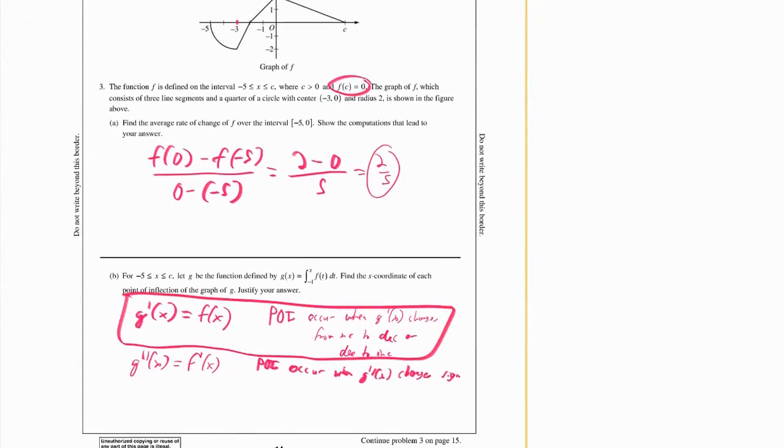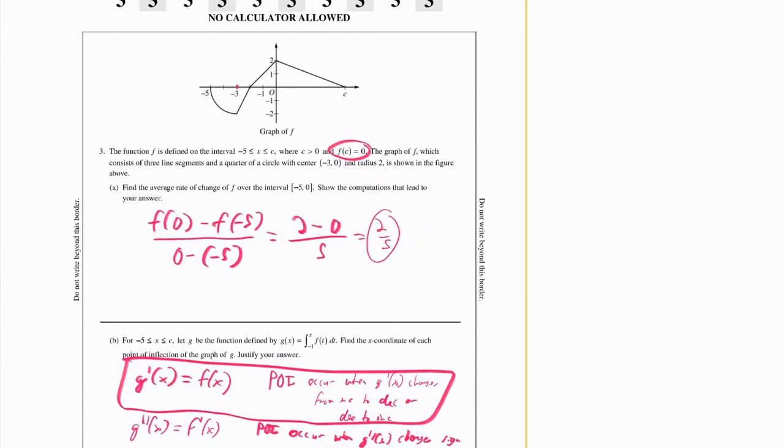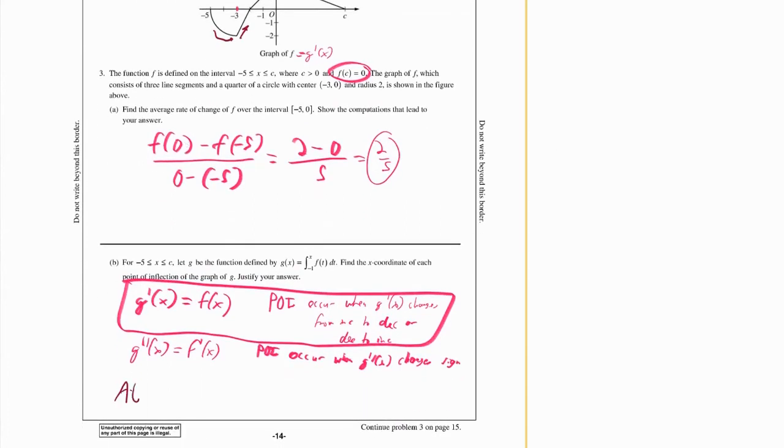So if I look back up here, because this graph of f is equal to g prime of x, it's changing from decreasing to increasing right there. So I can say at x equals 3, x equals negative 3, f of x, which is equal to g prime of x, changes from decreasing to increasing.